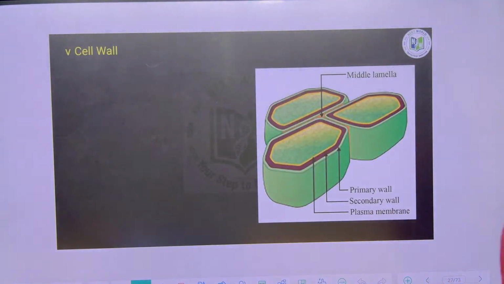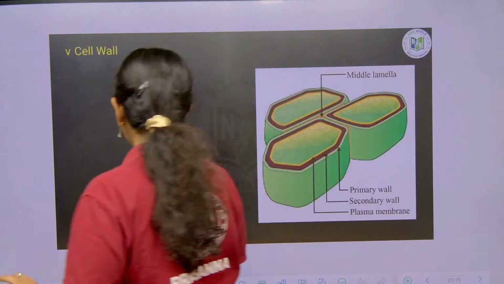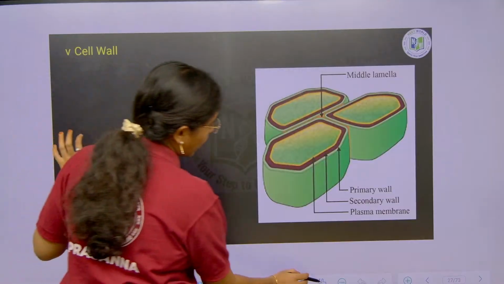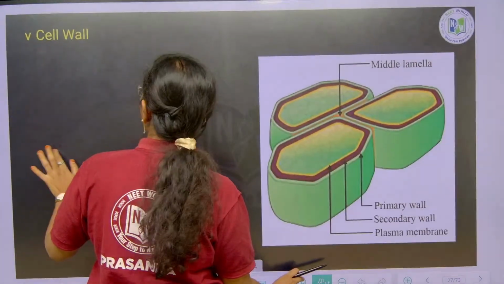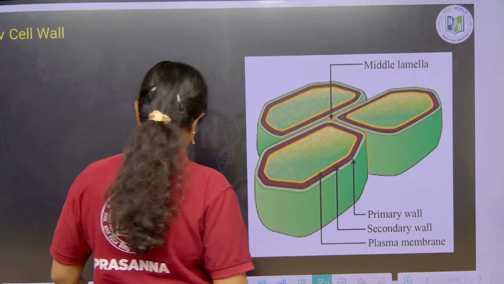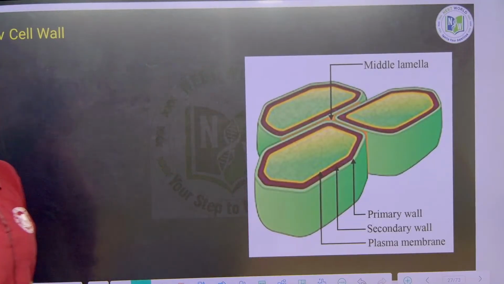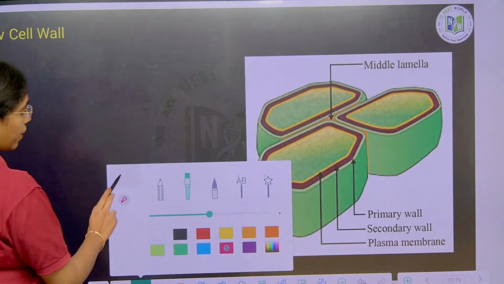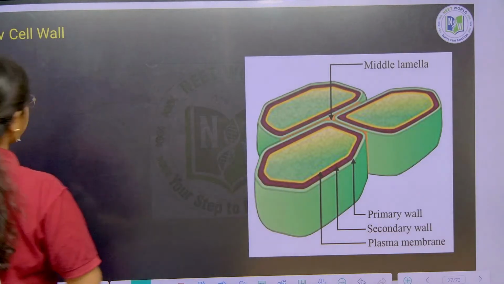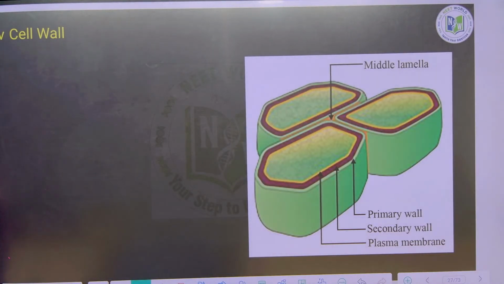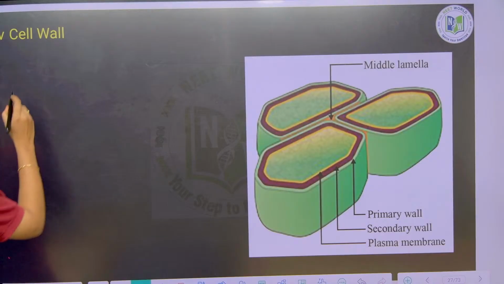Now we will see how a plant cell wall is formed. To learn clearly about plant cell wall, we have to learn from plant cell cytokinesis. Okay, listen carefully everyone, sit straight all, drop your pens.